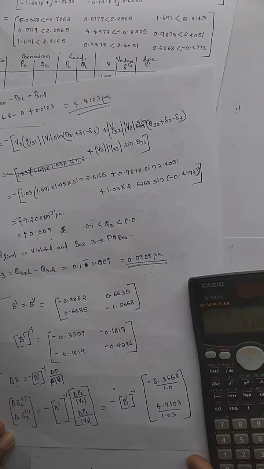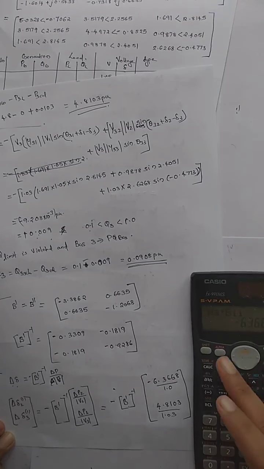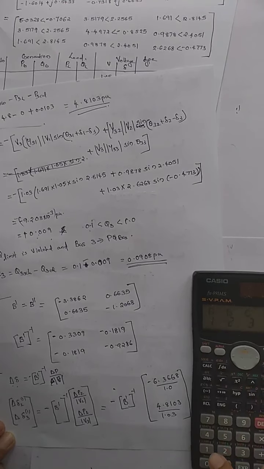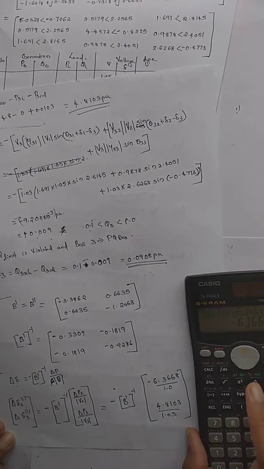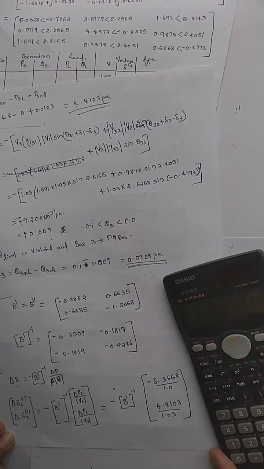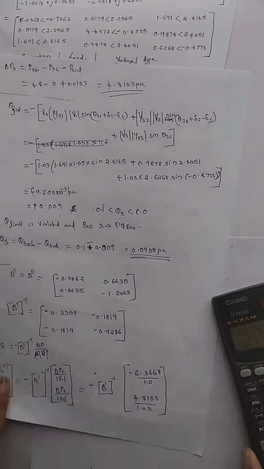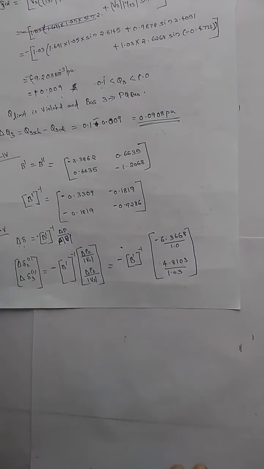And I am doing shift mat 3 answer, this answer into matrix B. I will get the value as, this is also a 2 by 2 matrix, no? So I am taking my paper, another paper.